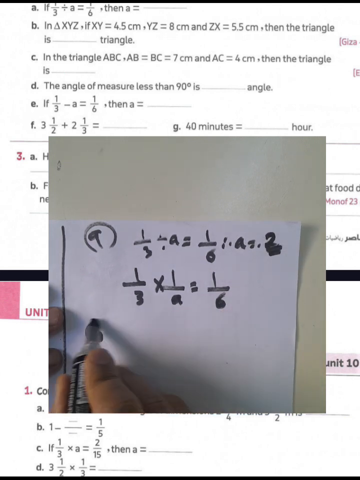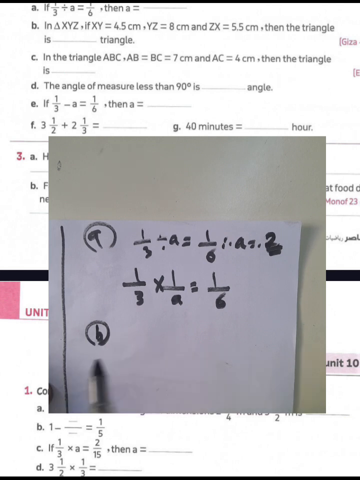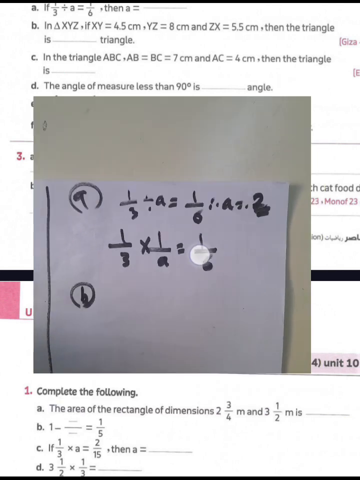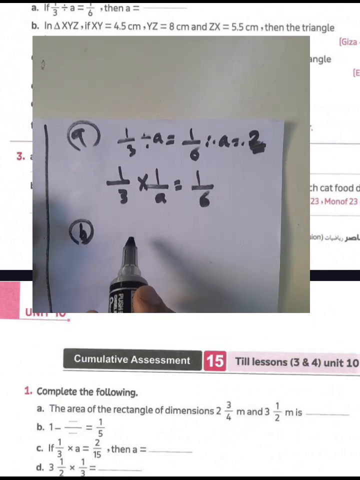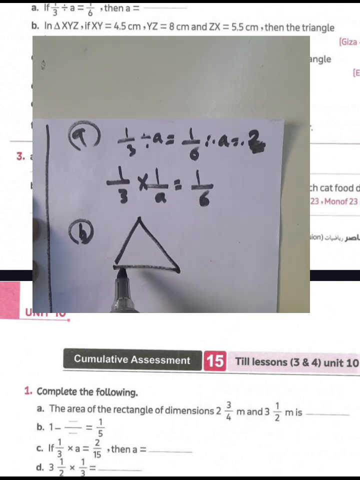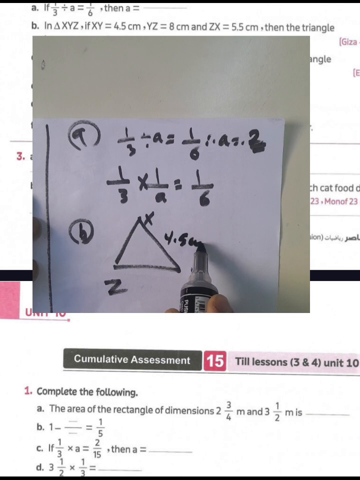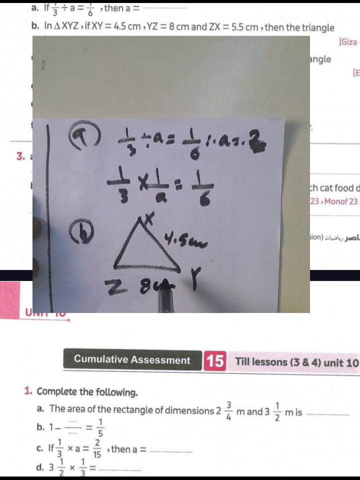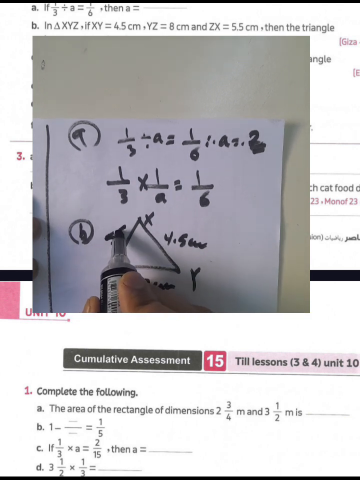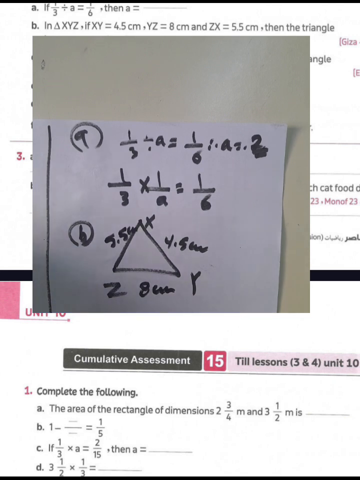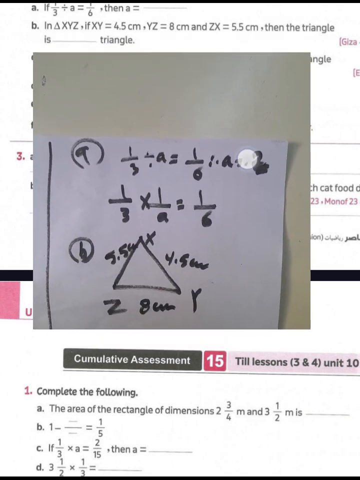Question letter B. In triangle XYZ, if XY equals 4.5 centimeters, we have a triangle here, X, Y, and Z. The length of XY is 4.5 centimeters, YZ 8 centimeters and XZ 5.5 centimeters. We call this triangle scalene because all sides are different.